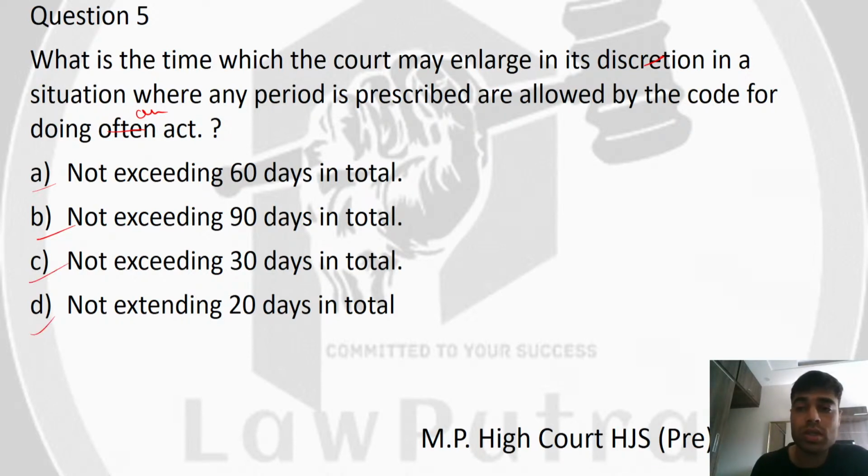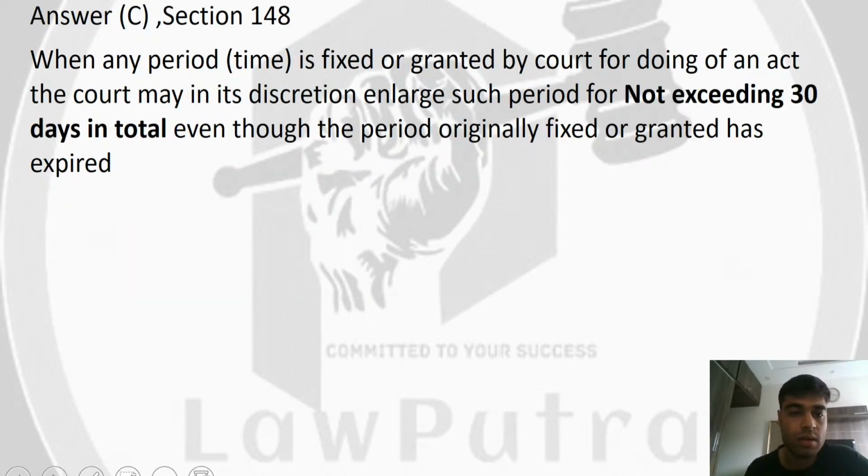In this question, a particular act has to be done in a specified time. Let's say that act was not able to be done. Then the court can enlarge this time. So what is the maximum time which the court can give to complete this act? The answer is C, and this is given under section 148 of CPC.